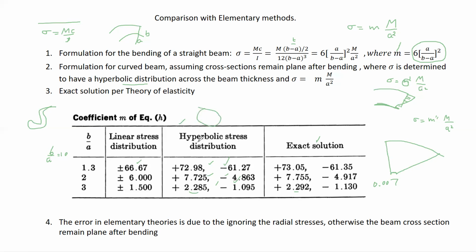So you can calculate stress for any cross section, but this solution we have only for a thin rectangular section. Being close for this specific case gives us some assurance that, generally speaking, the solution that we have from hyperbolic stress distribution should not be that different.